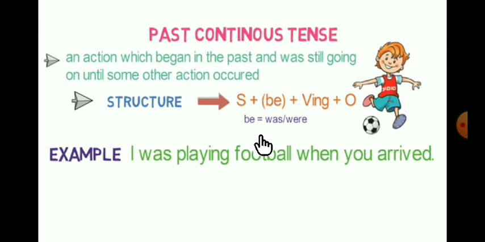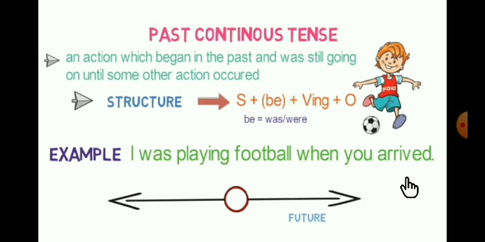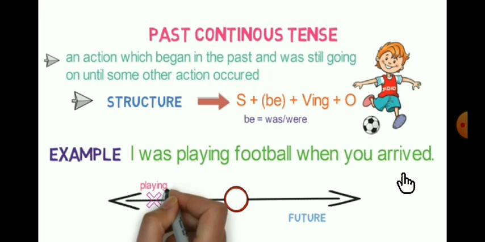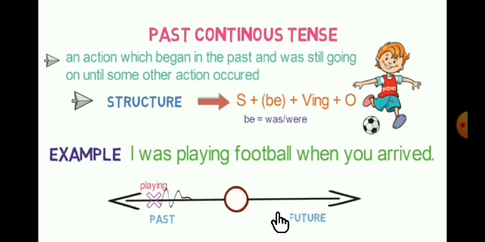Be here in the past continuous tense is was or were. So example: I was playing football when you arrived. If you hadn't arrived, I wouldn't have stopped this game. So here the action is going on in the past, playing is occurring continuously, and a person arrived and interrupted him, then he stopped.